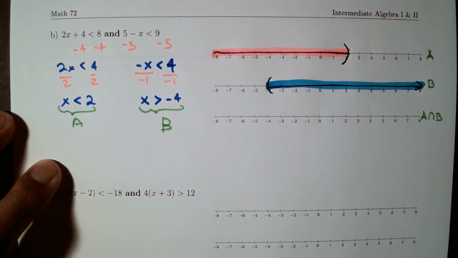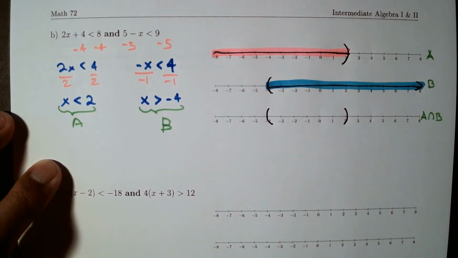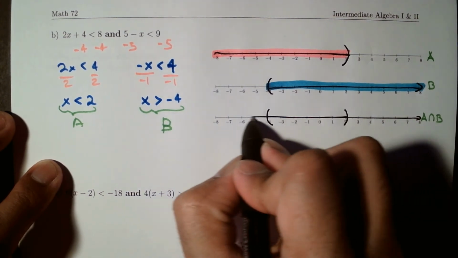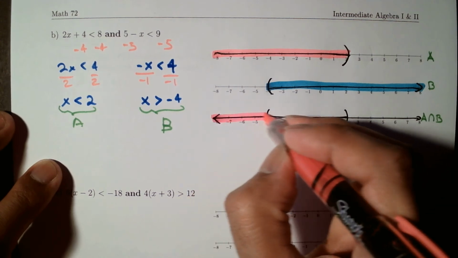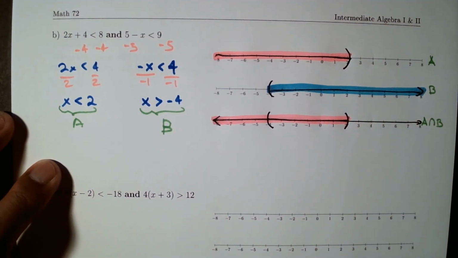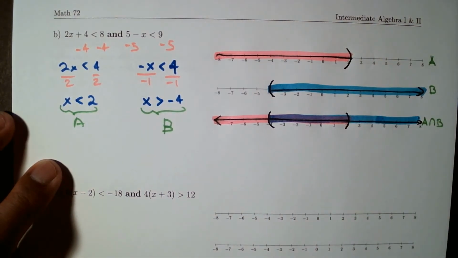Okay, so that's 2, -4. Let's shade one side, shade the other side. And we are going to do exactly what we were doing with the previous example.